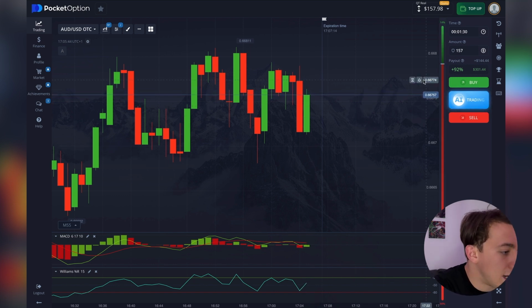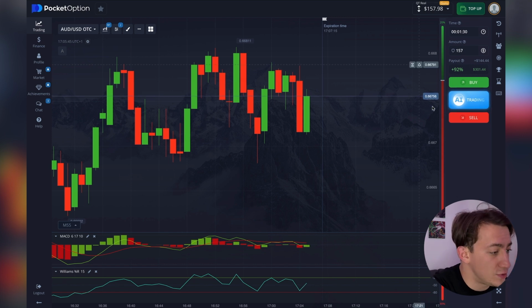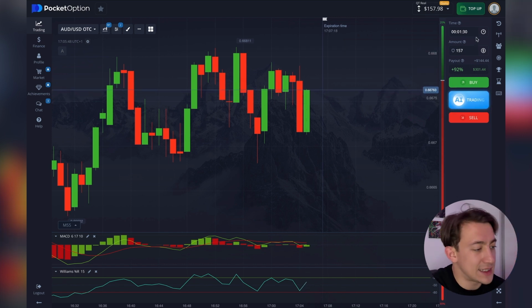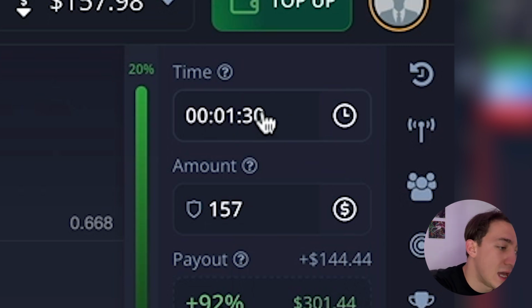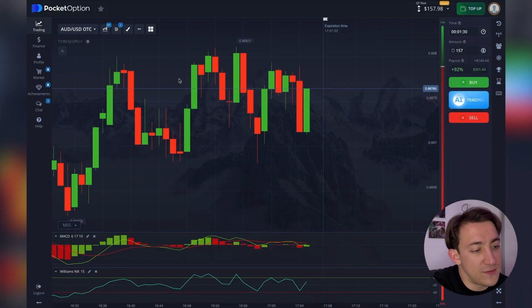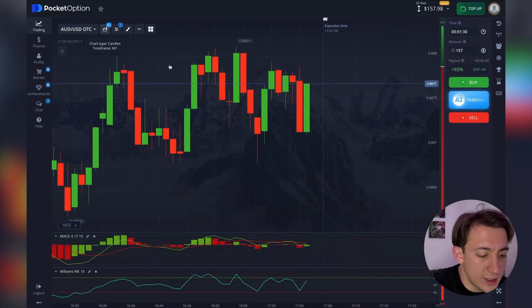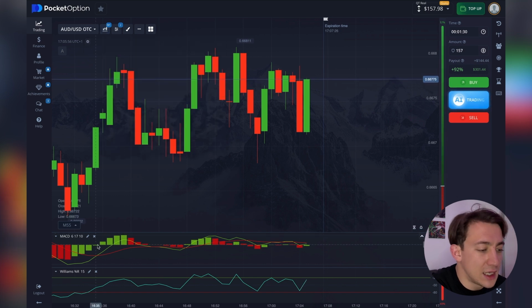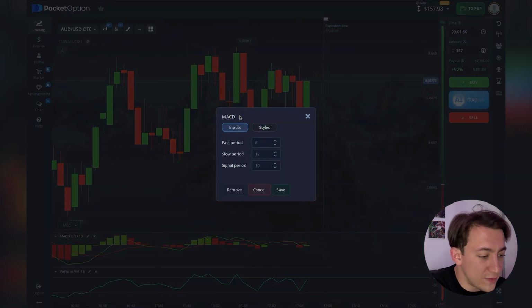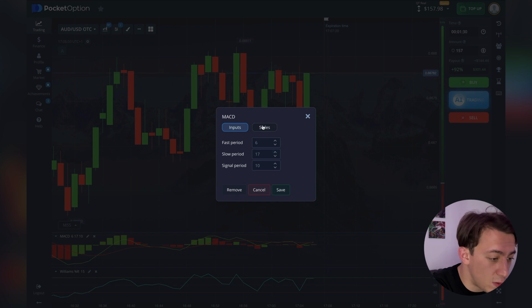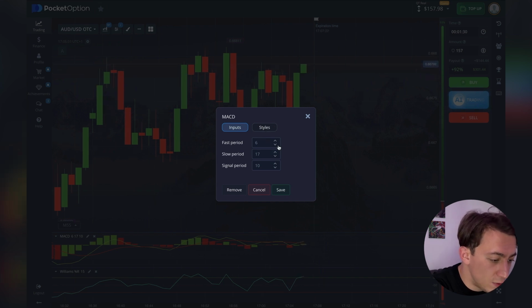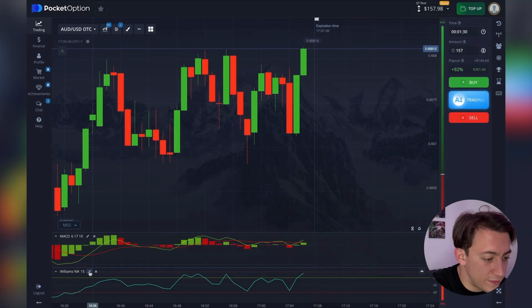On my bank account I have $157 for today's trading session, and I will use an expiration time of 1 minute 30 seconds. I will use the 1 minute time frame and two indicators that work very well together. You must change the settings exactly like mine, and the second is Williams.